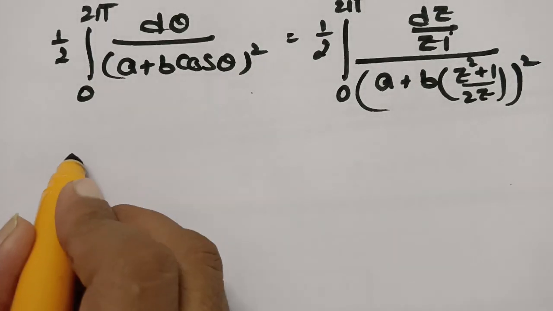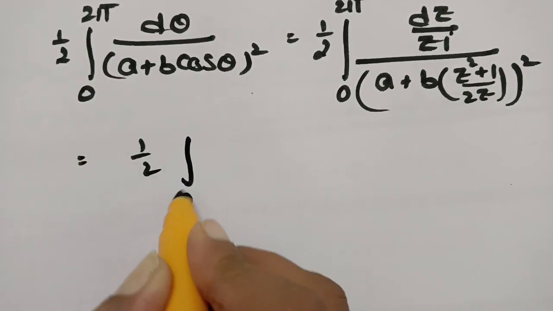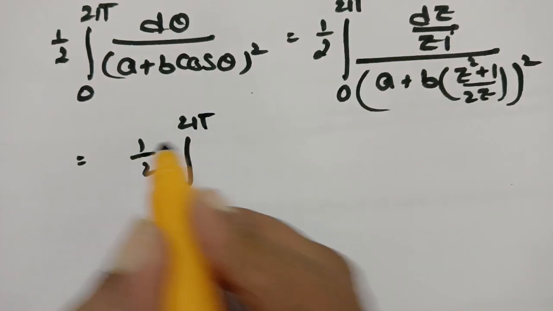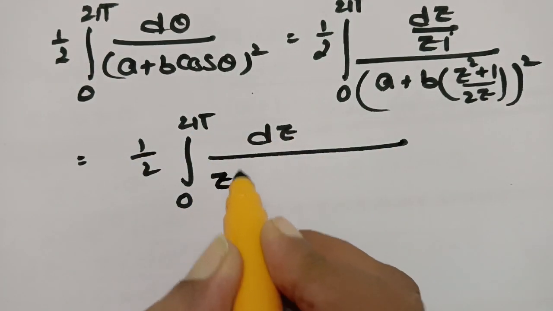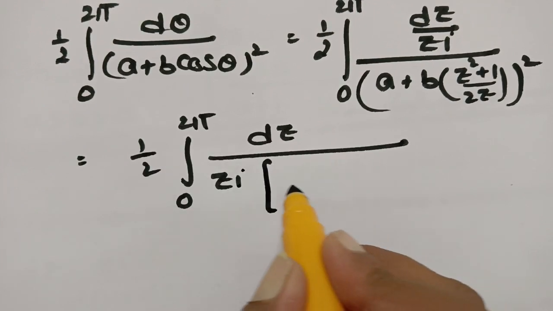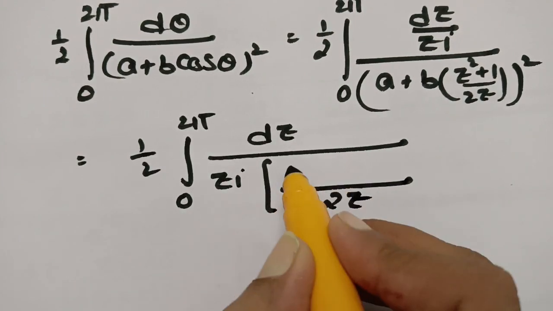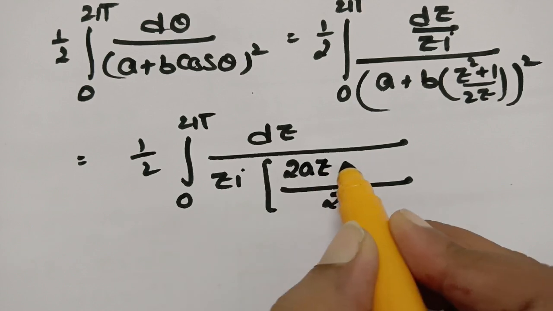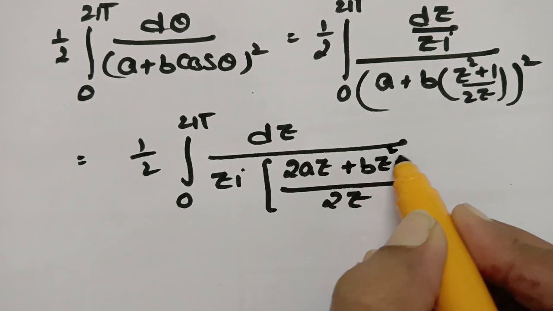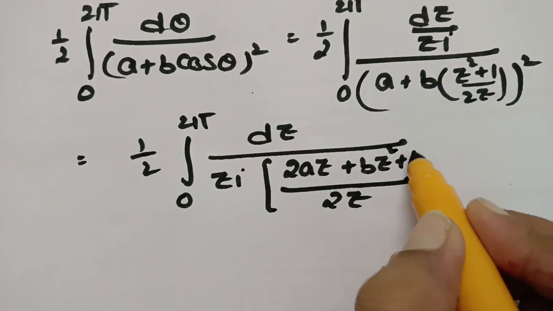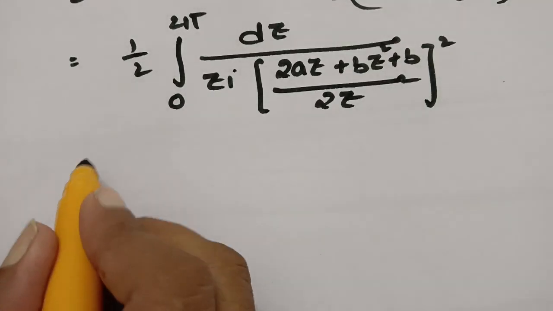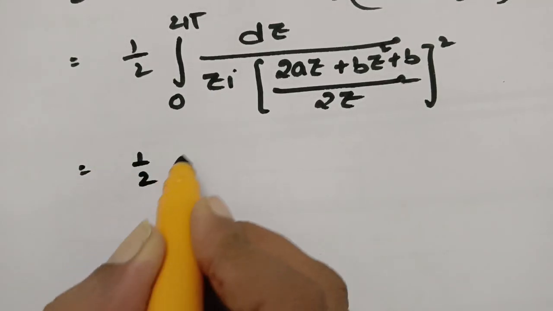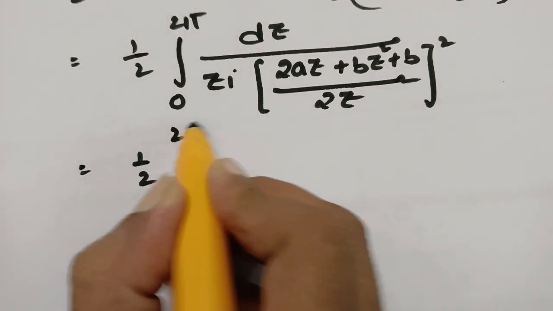And therefore this can be written as half times the integral of dz by zi into, if I take 2z as LCM, (2az plus bz square plus b) whole square. Clear? And now in my next step, it will be 1 by half times the integral.